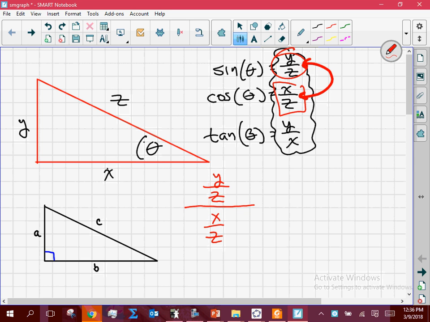Do you remember how I divide a fraction by a fraction? Like if I had 1/2 divided by 2/3, how do you do that? Yeah, multiply by the reciprocal, right? So I multiply by 3/2, gives me 3/4, right? So can't I do the same thing here?